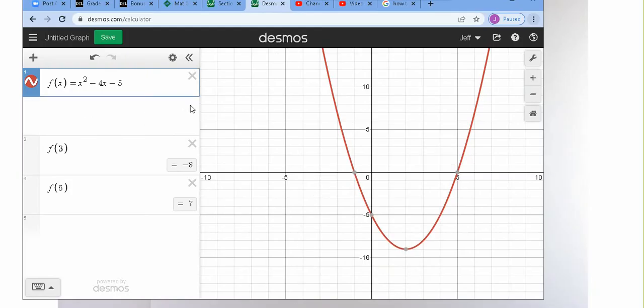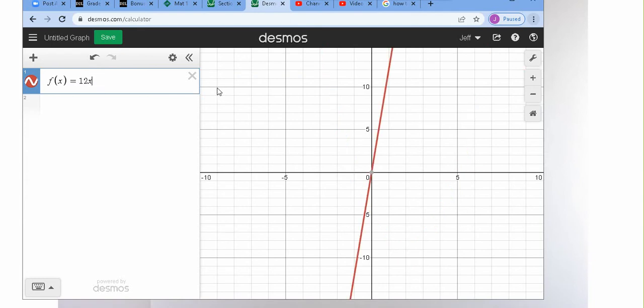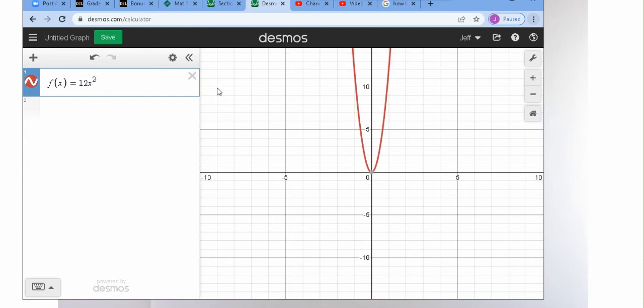Let me clear these out and put in that equation. f of x is 12x squared plus 19x plus 4. And I want to know where this is equal to 0.